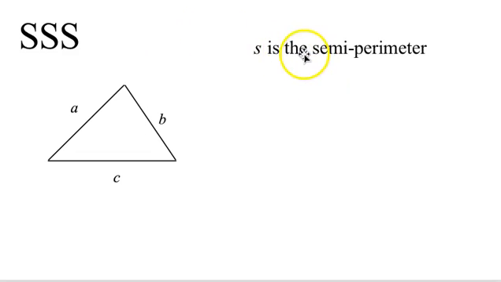We're going to start with this notion of the semi-perimeter. Now, the perimeter is how much fence you would put all around this triangle. The perimeter would be A plus B plus C. So the semi-perimeter would be half of A plus B plus C. And this is going to be important as we determine the area of this SSS triangle.